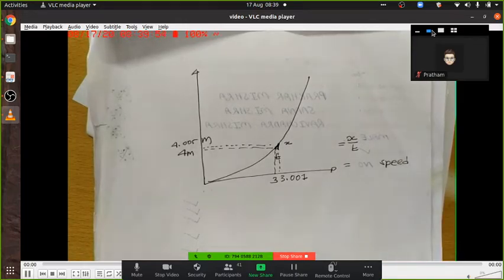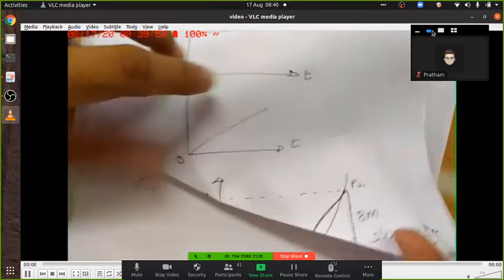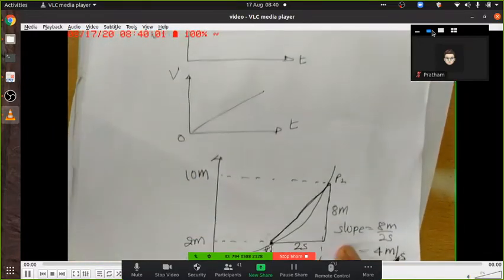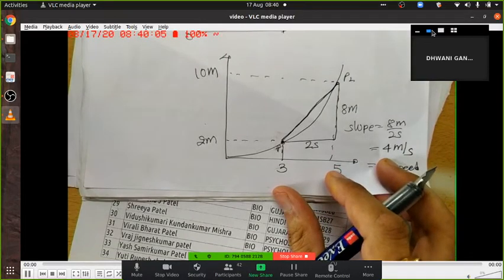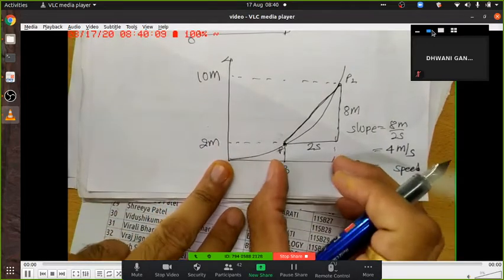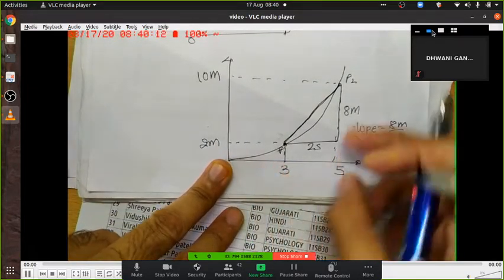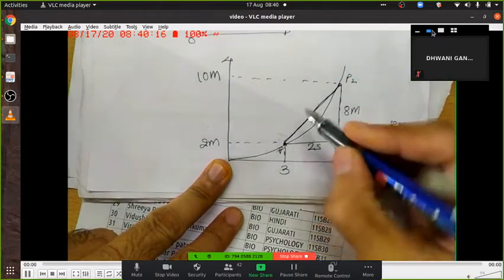What is the difference between this graph and the previous graph? Sir, actually the first one is average velocity and the second one is instantaneous velocity. Now understood? This is a long duration involved in which displacement was also large. So what you get, 4 meter per second, is the slope of this line.